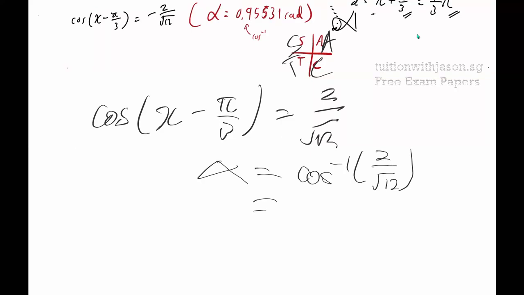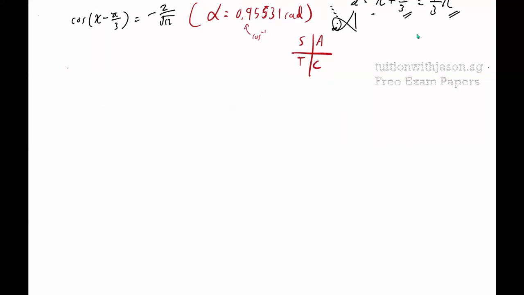So which quadrants do you look at? Do you look at A and C? No. When it's negative, you look at the second and third quadrants. So what's the angle? Remember the bow tie diagram: pi minus 0.95531 or pi plus 0.95531.